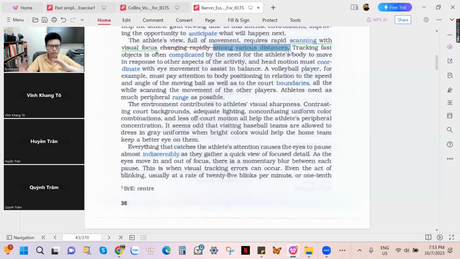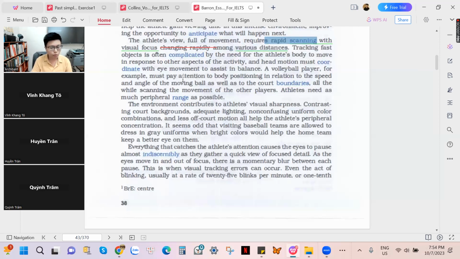Let's have a general look at this sentence again. The atlas view full of movement. So why would they use the word full of movement? The atlas view full of movement. It means that the atlas view has to do a lot of hard work because the atlas needs to move eyes very fast, rapid scanning.